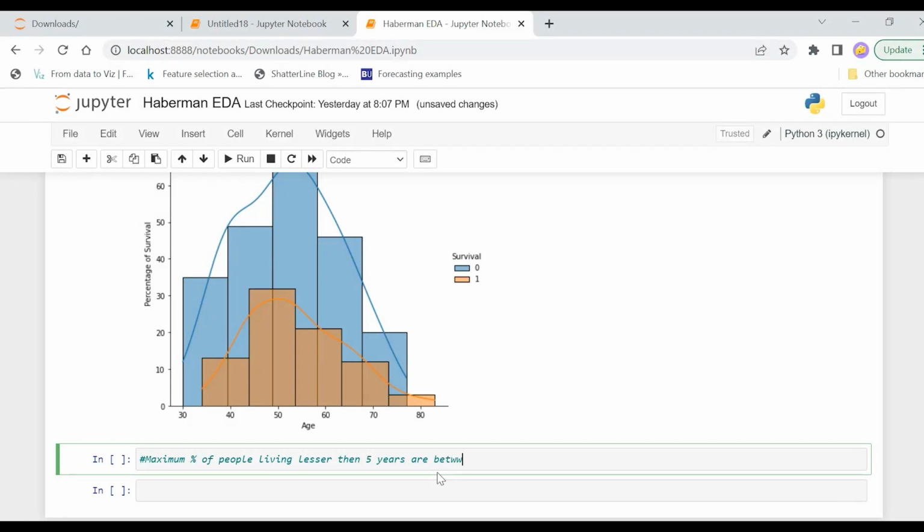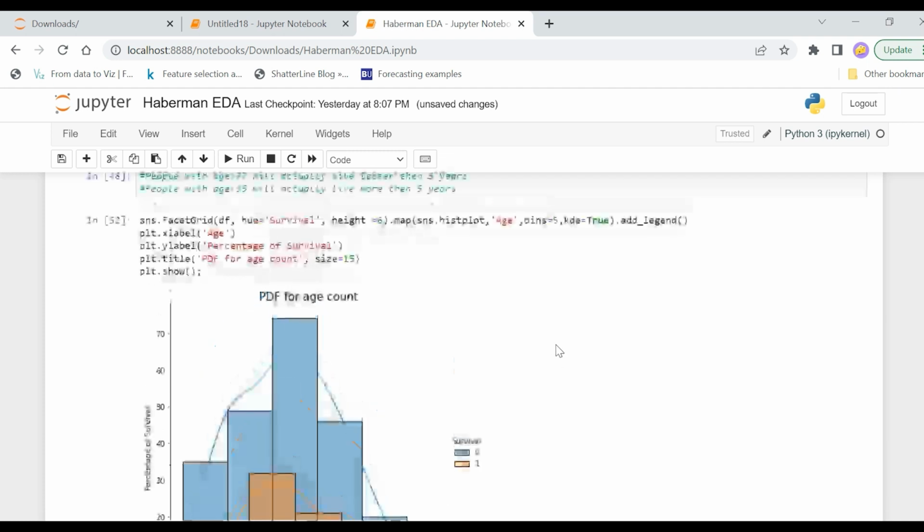I was trying to get some particular figure, but not actually. You can see the range is between 45 to 55. This is what I can actually conclude from it. Maximum people living lesser than 5 years are between 45 to 55.